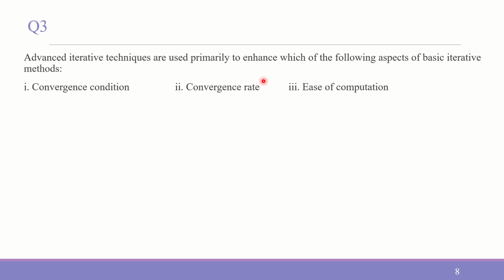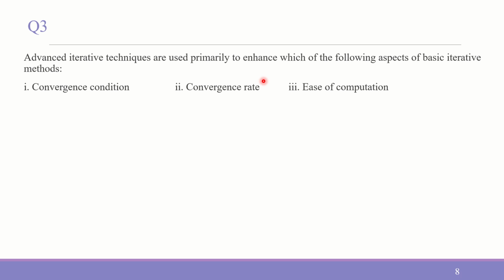So the first one, convergence condition. Yes, that is true, because when we go with the higher or advanced techniques, we will get better convergence. And the second one, convergence rate. We will get a better convergence as I mentioned. And third one, ease of computation.